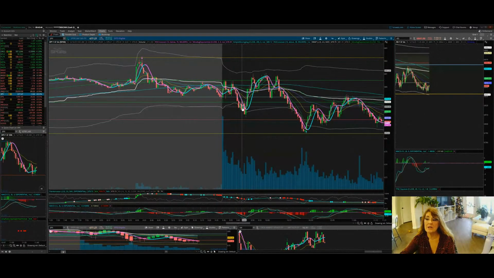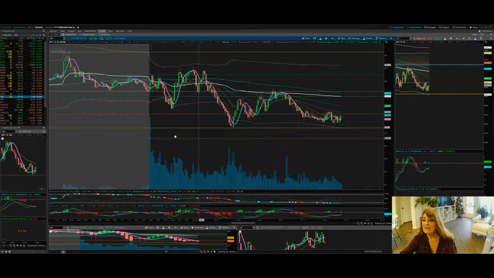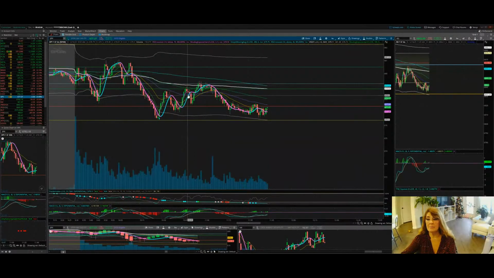Then we took a little dip, then we took a little push, then we took a bigger dip, came down to our overnight low. And since then, what have we been doing? Pretty much ranging. We did come back up to the VWAP, but we've pretty much done nothing but range since we hit this low.